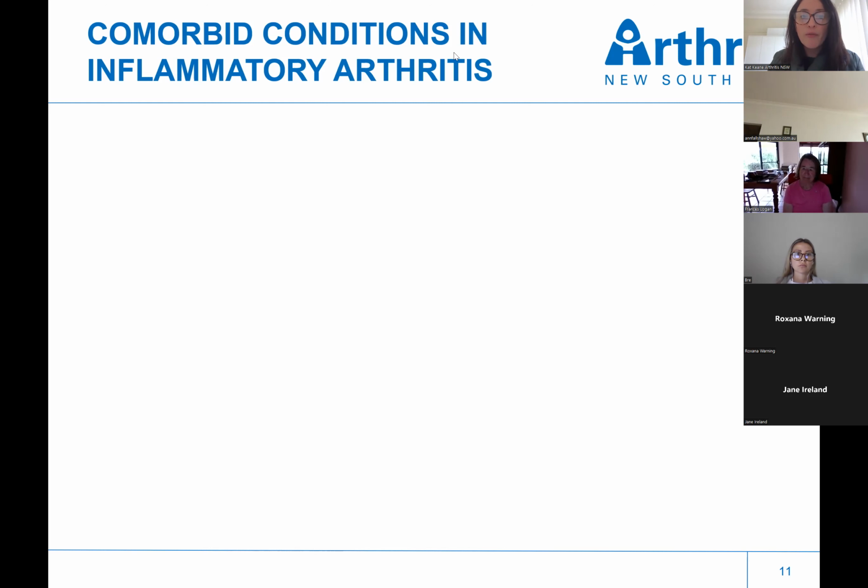We've got a good point from Roxana here. Absolutely makes a good point. And of course, there are multiple reasons why there are comorbidities. They may not necessarily be because of the primary arthritis condition that you have. Absolutely. But we're just trying to look through that particular lens.